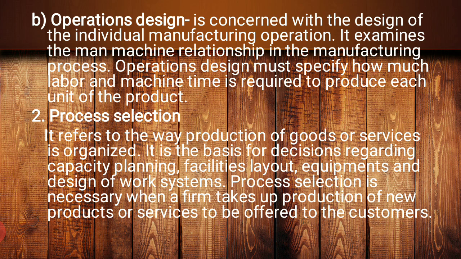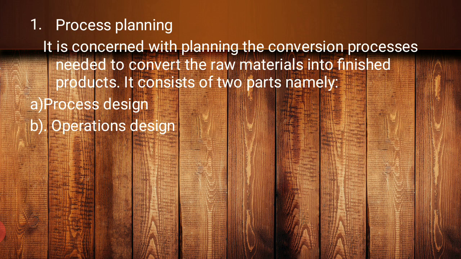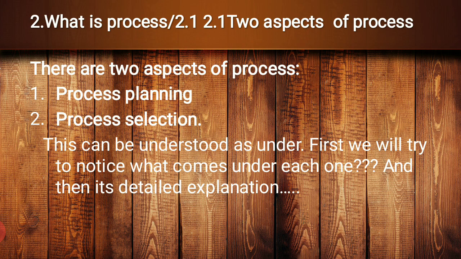One is process design, which is a wider term, and operation design means in each process, whatever operations or sub process parts there are, those are named as operation designs, right? Then the next main aspect comes up, and mind you, don't get confused here. There are two aspects of process: process planning, process selection.